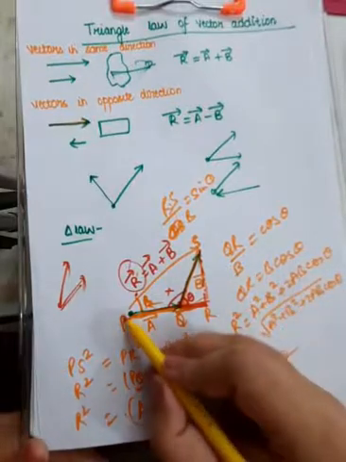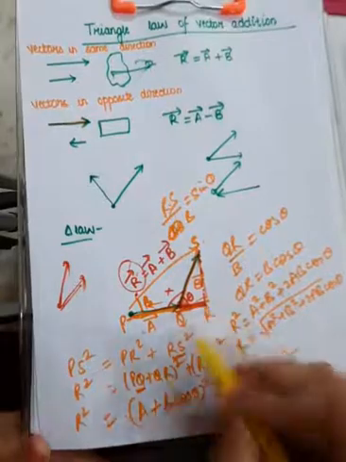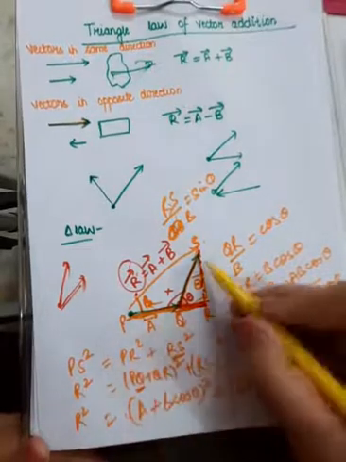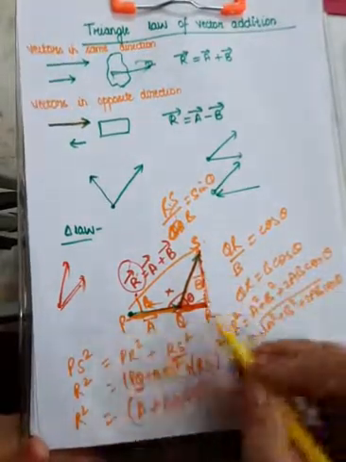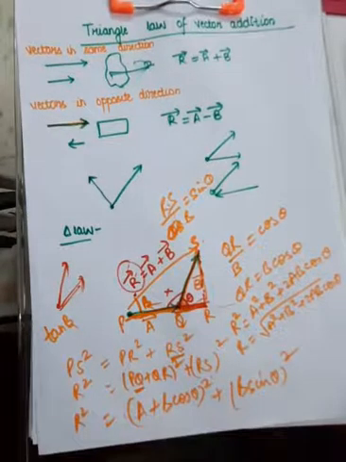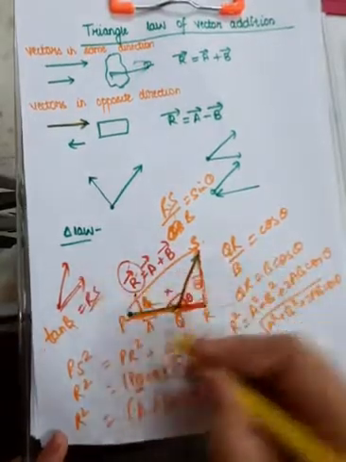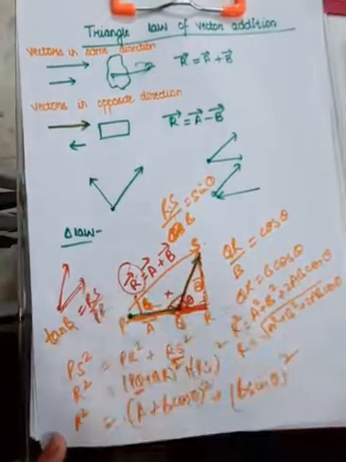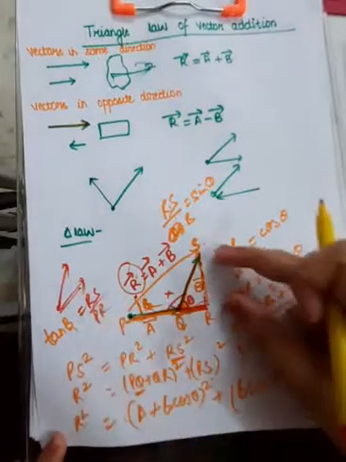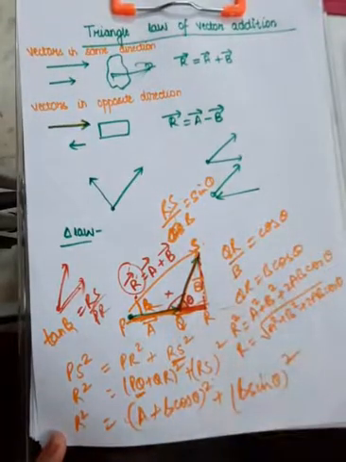So this is the overall big right angle triangle PSR, and I'll be finding out tan beta. Tan beta is perpendicular by base, RS by PR. Now perpendicular RS equals B sine theta, we had already found it.